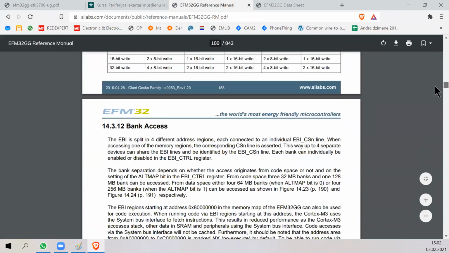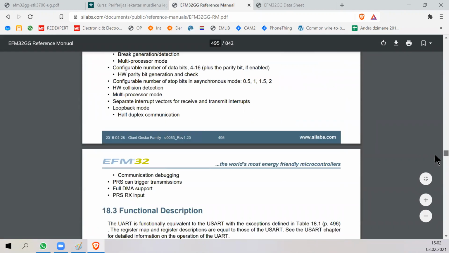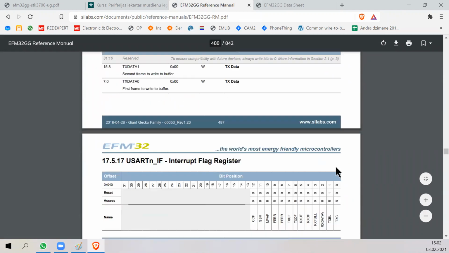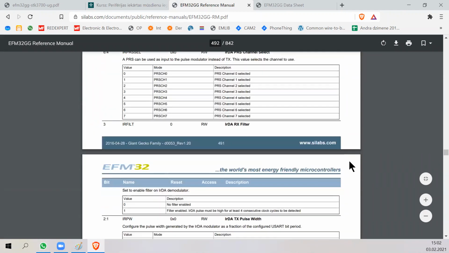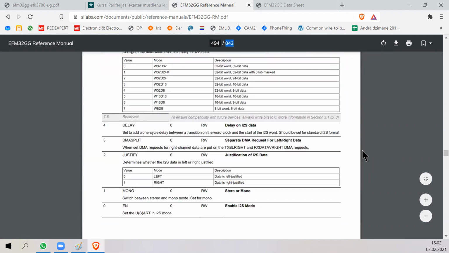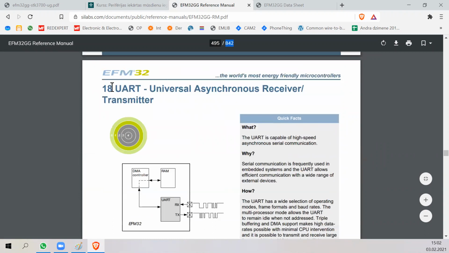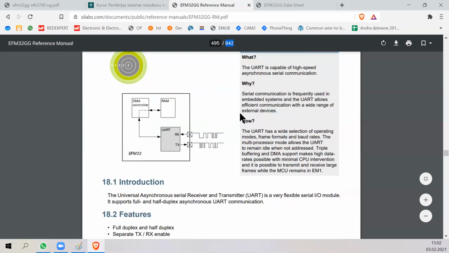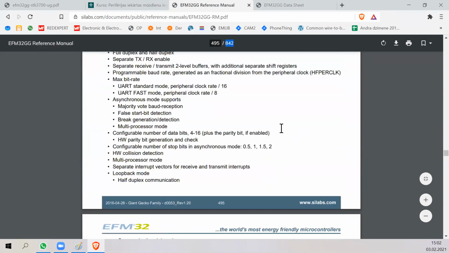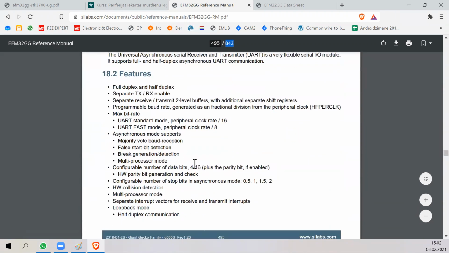For example, let's see a peripheral called low energy UART. As you can see, it has 842 pages, so a lot of peripherals. Here it is, for example, UART, Universal Asynchronous Receiver Transmitter, and it describes how this peripheral works, how many features it has, for example, that it can send from 4 to 16 data bits.